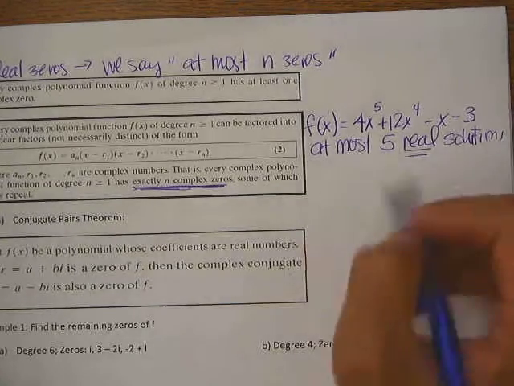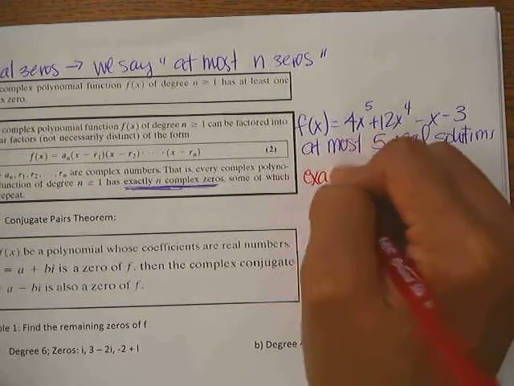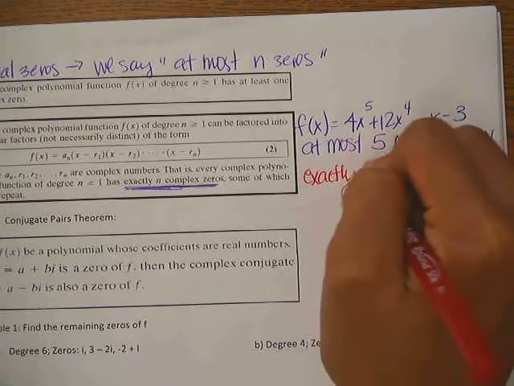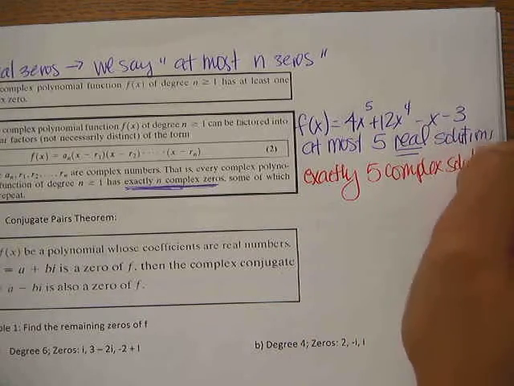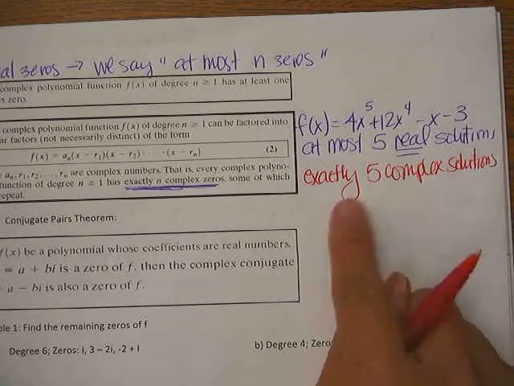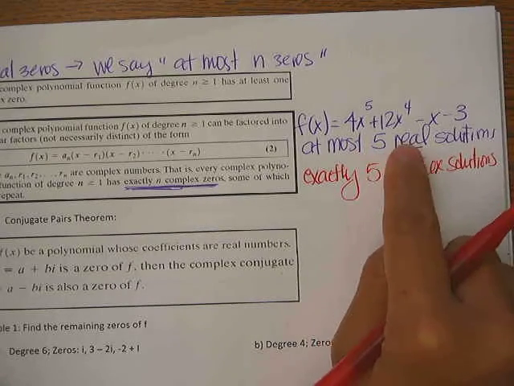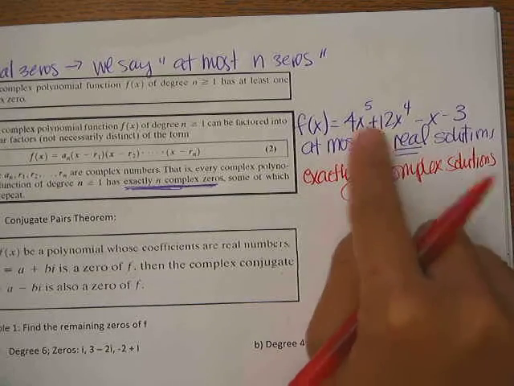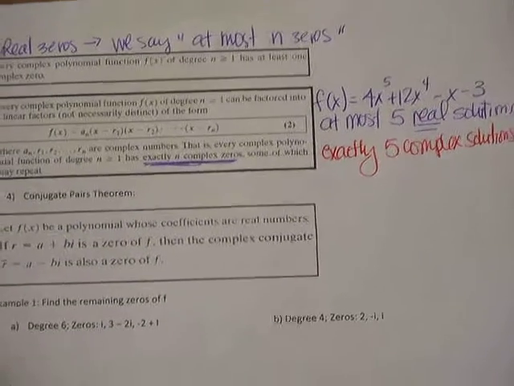Now, with complex zeros, we say that this has exactly 5 complex solutions. The reason is, if a zero is not real, then it's imaginary, and both are included under complex. Versus over here, if it's not real, then it's imaginary, and I can't include it when it's said real. See the difference between the two?